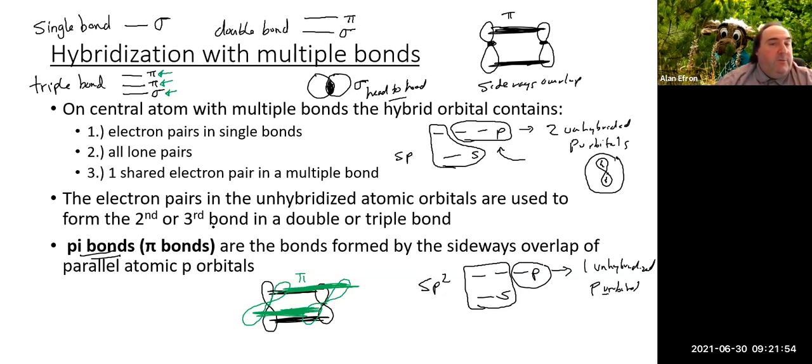Those are, again, our atoms with more than 8 electrons around them. Hybridization really does account for those as well.